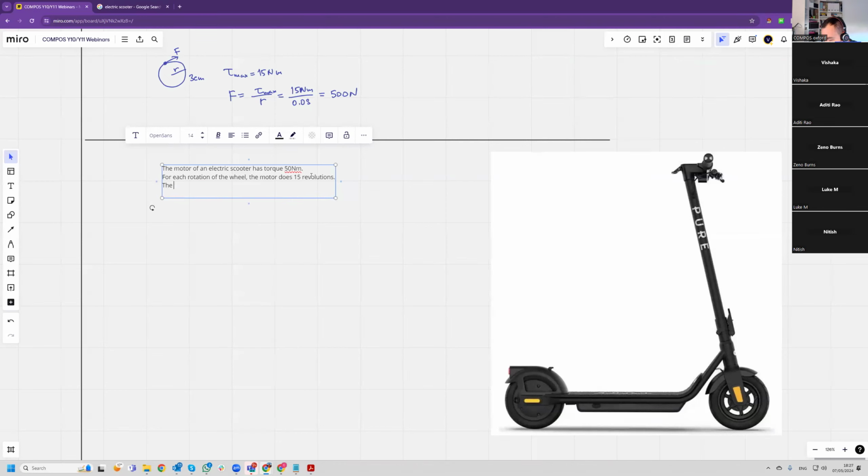The wheel has a diameter of 6 inches. What is the maximum incline it can take a rider if the total mass of the rider and scooter is 80 kilograms?